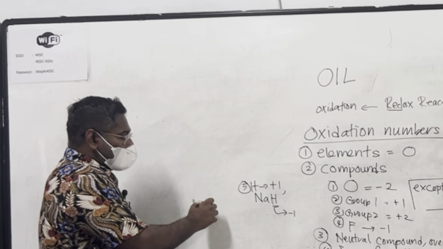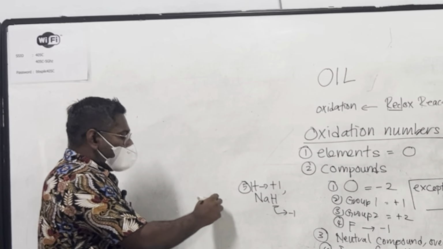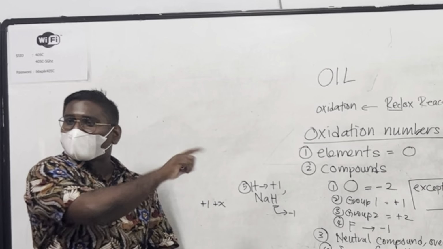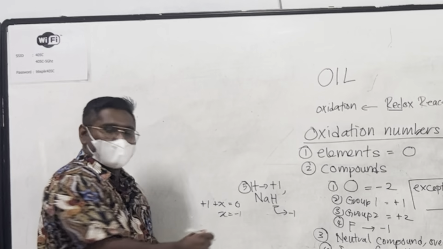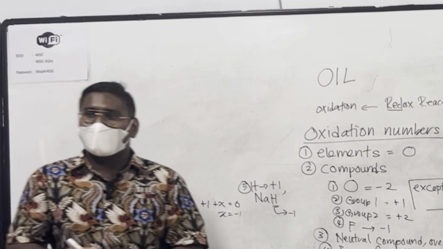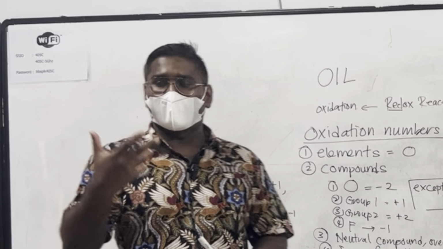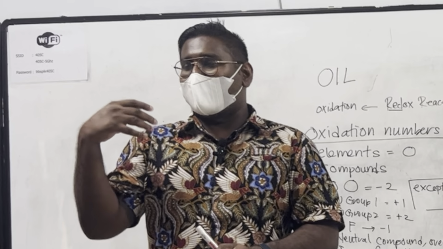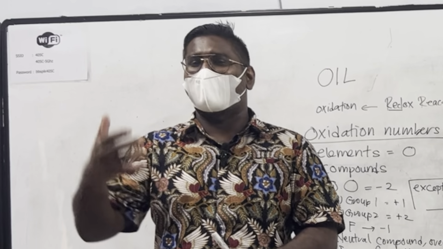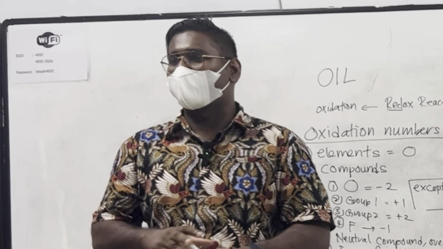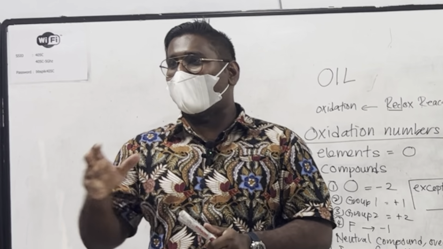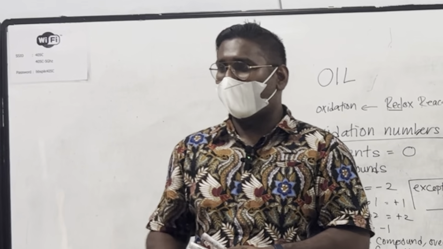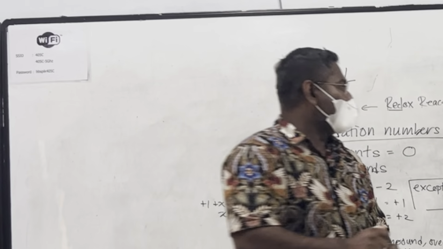Hydrogen you put as X. The entire thing is 0, so 1 plus X equals 0, and X equals negative 1. Hydride is just the H- ion. So they call NaH a metal hydride.